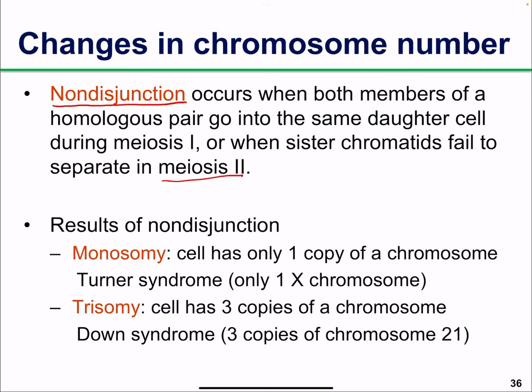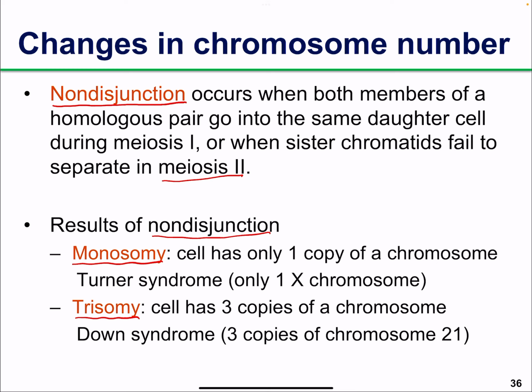Now, when non-disjunction occurs, this leads to a condition that we call monosomy and another condition that we call trisomy. Monosomy means that the gamete is missing one chromosome, right?